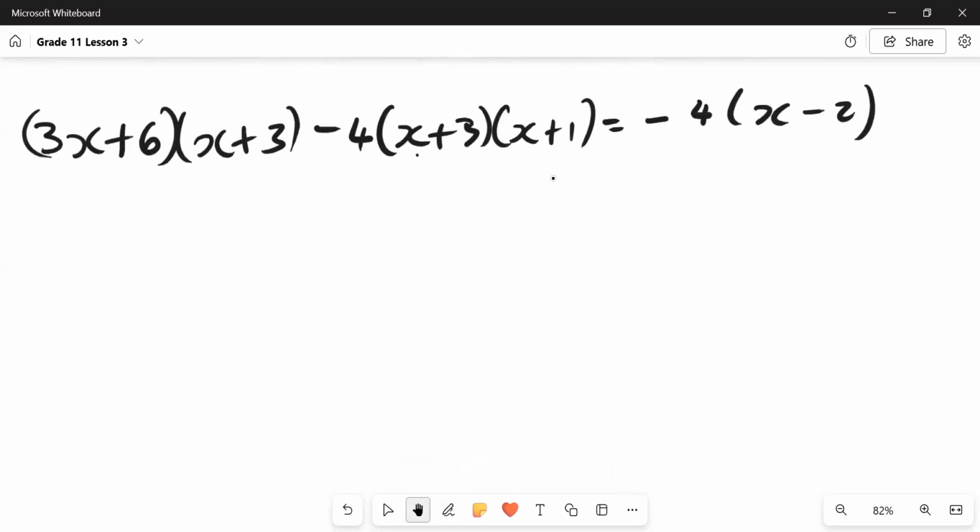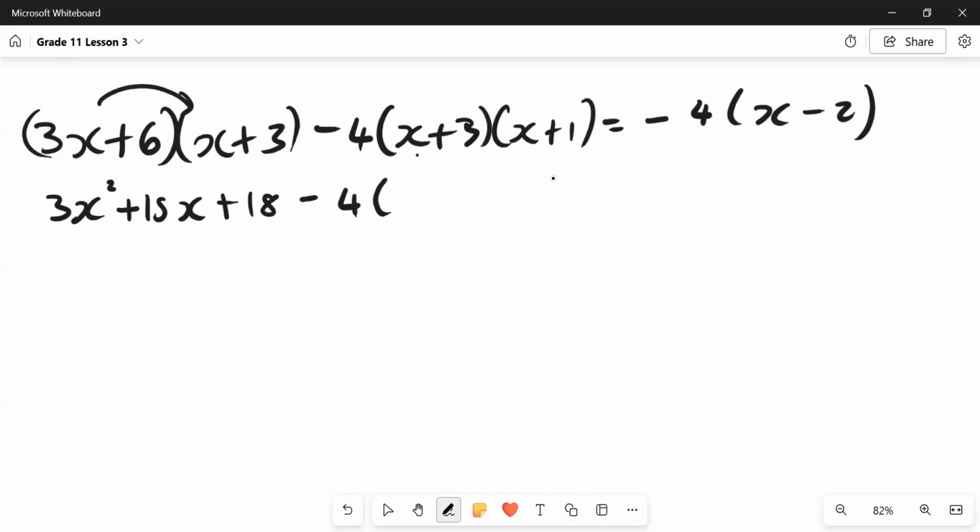And then from here, I will use the FOIL method to get rid of this and end up with 3x squared plus 15x plus 18, right? And then again, the FOIL method to take care of the bracket there. That's x squared plus 4x plus 3.